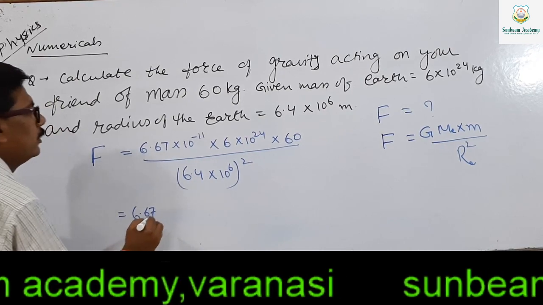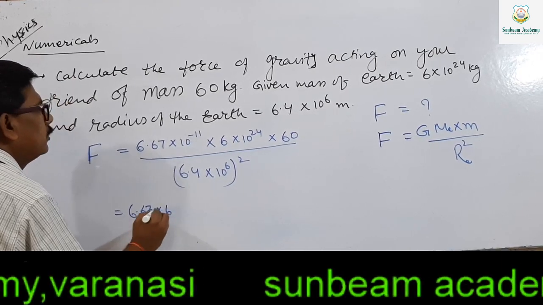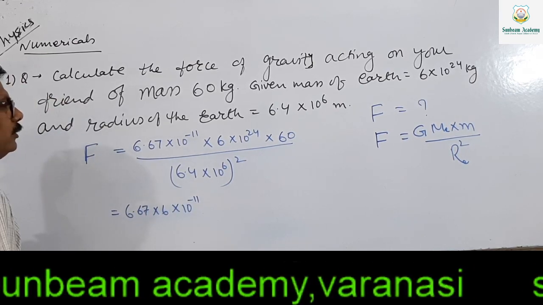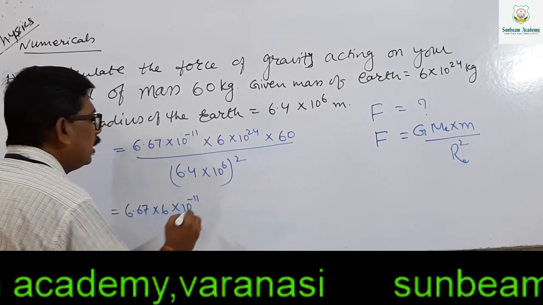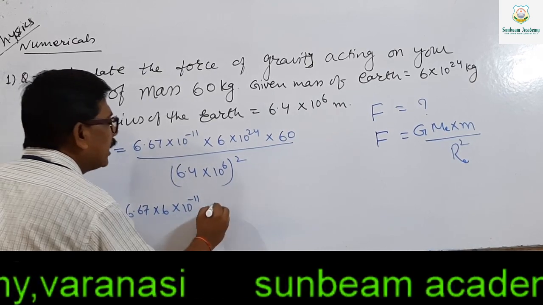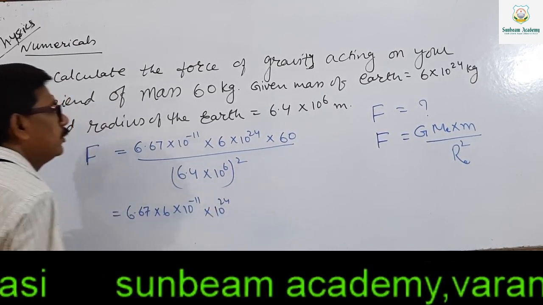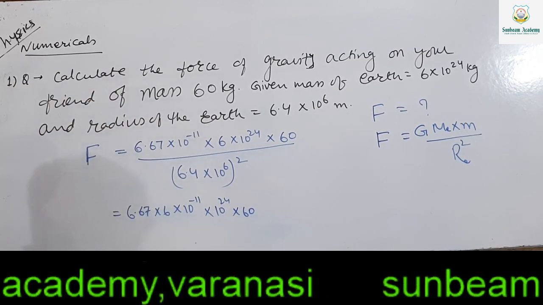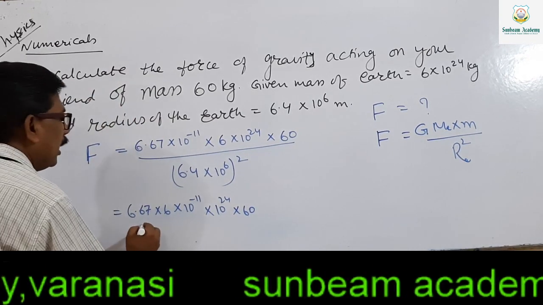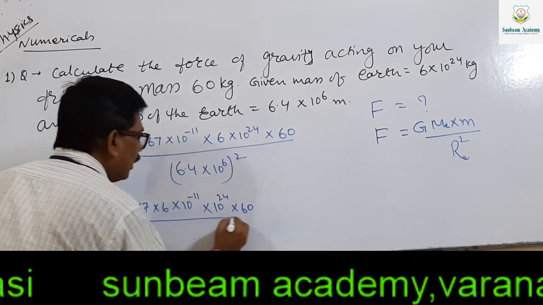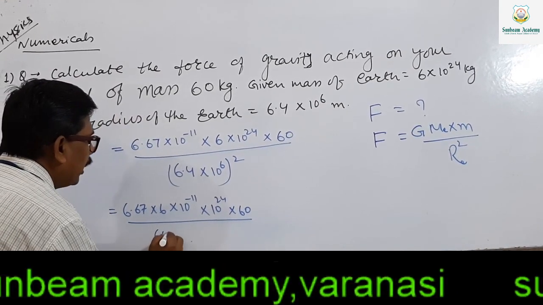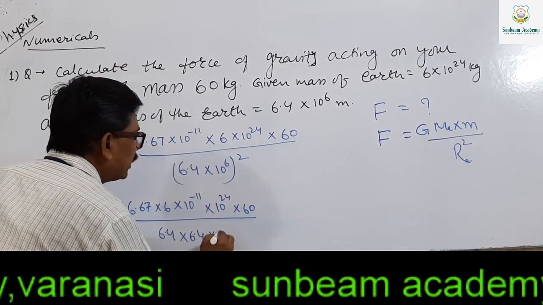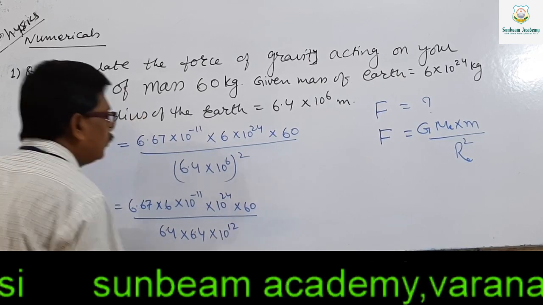Now let us see. 6.67 into 6 into 10 to the power minus 11 into 10 to the power 24 into 60, and here 6.4 into 6.4 into 10 to the power 12.